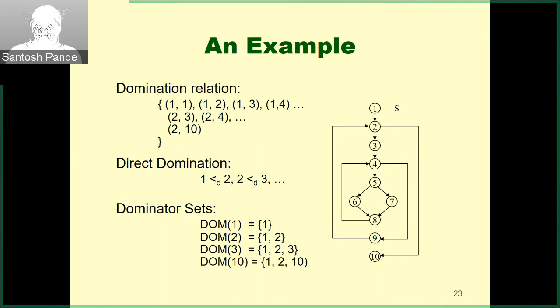How do we do that? That is very simple. We'll go to the predecessor and its predecessor and so on, unless the predecessor is the node which dominates me, such as 4. So unless and until we hit 4, we'll keep going back.